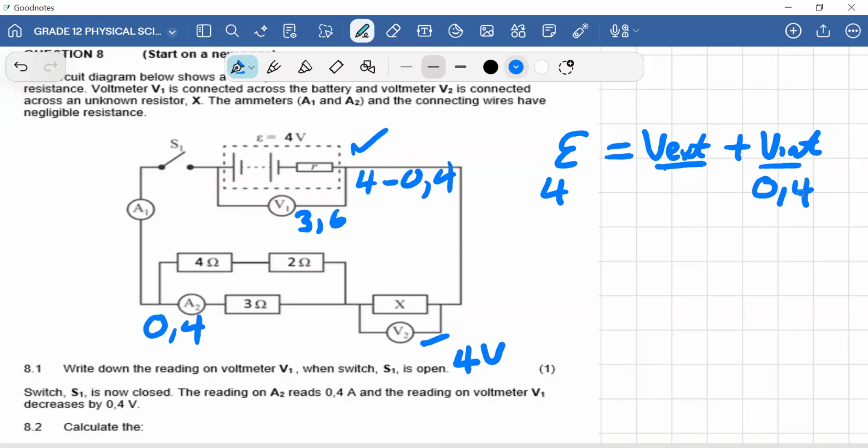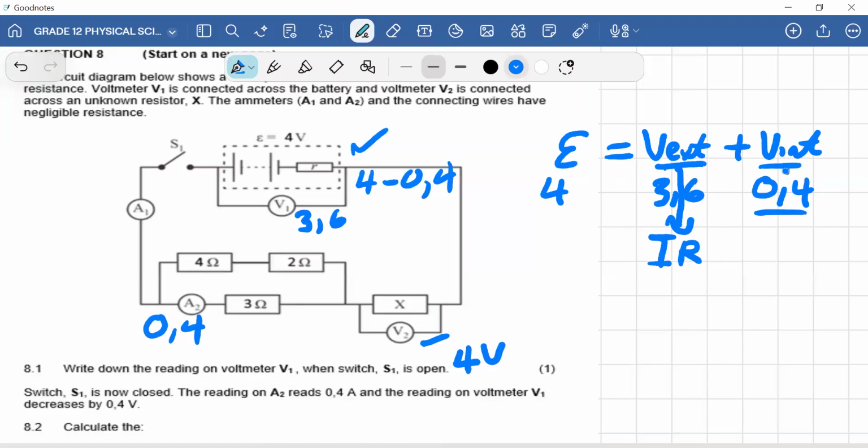Now, to calculate our V external, when the switch is on, we have to transpose this to the other side to subtract, to get this to be 3.6. To calculate this V external, we say the current multiplied by the external resistance.